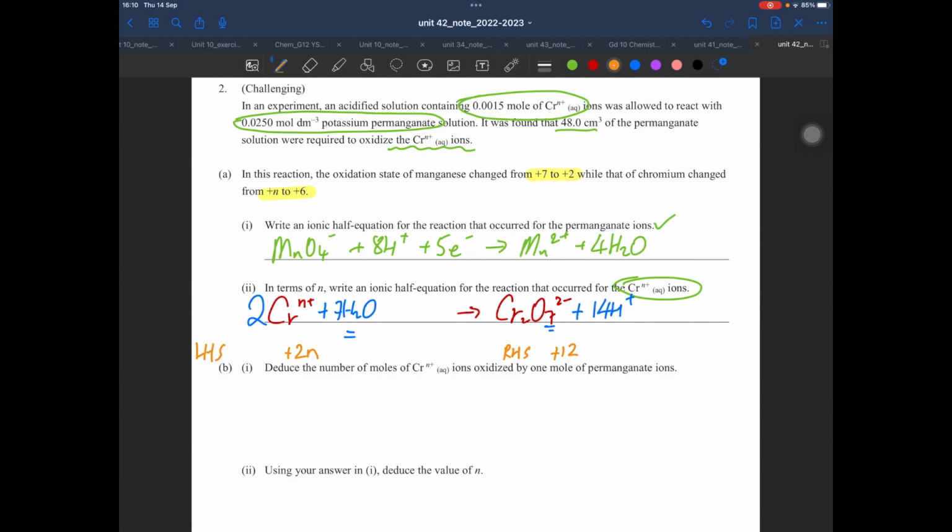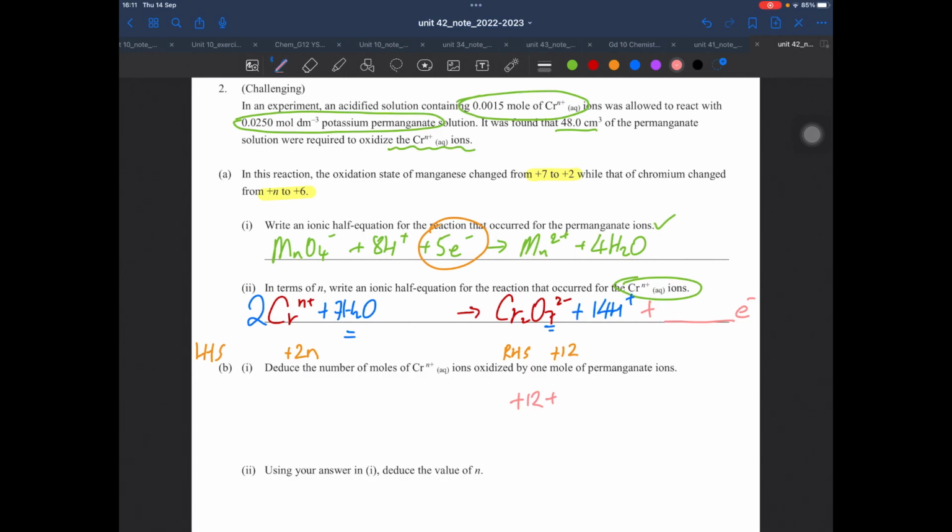Don't forget, electrons carry negative charge. For permanganate, it already serves as the oxidizing agent. That means the chromium ion should serve as the reducing agent. So the electrons should be added here.